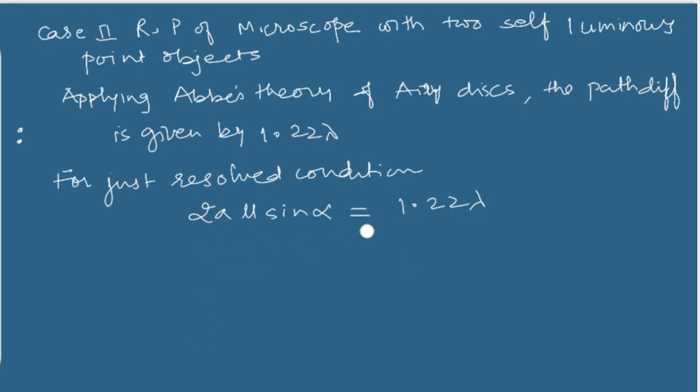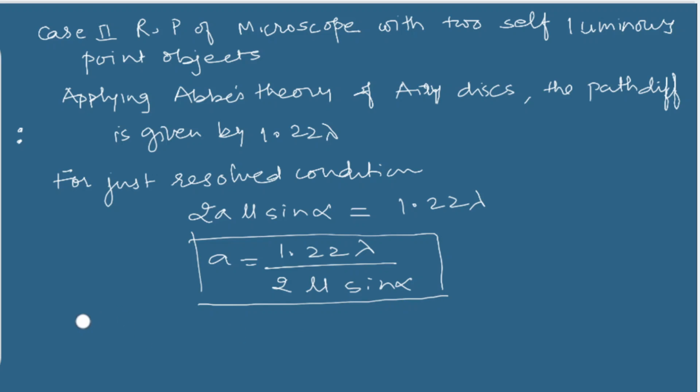Now we will equate this. If you equate this, you can find a, shifting the whole thing to that side, so 1.22 lambda as it is, and here you take 2 mu sine alpha.